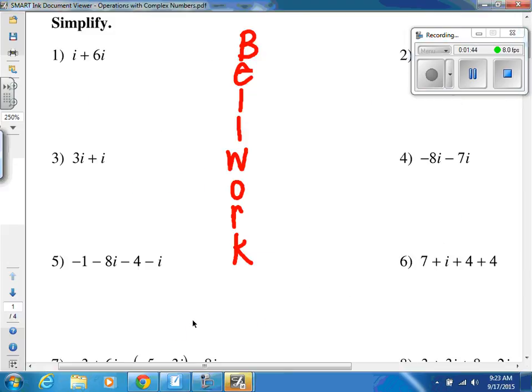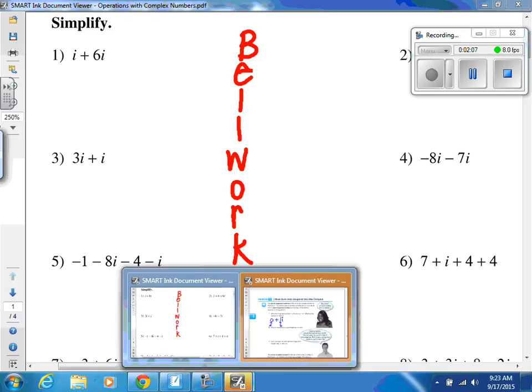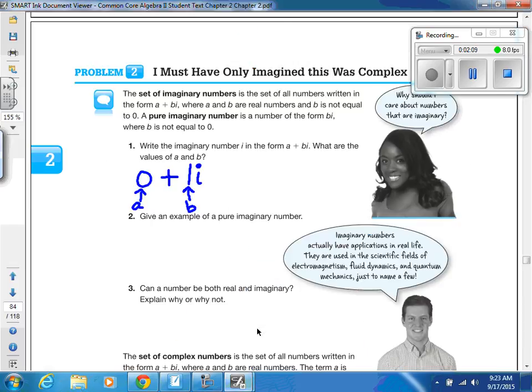What was the answer to this one? That's a pure imaginary number. 7i. There's nothing real about it. Okay? This one? Yeah. And this one? Yeah. So, was this a pure imaginary number? Why not? It had that real part to it. Okay. So those are examples of pure imaginary numbers.